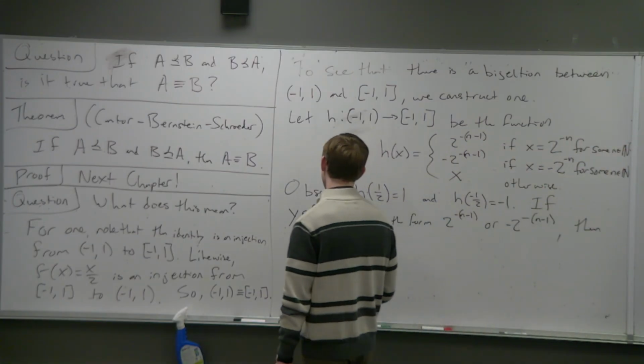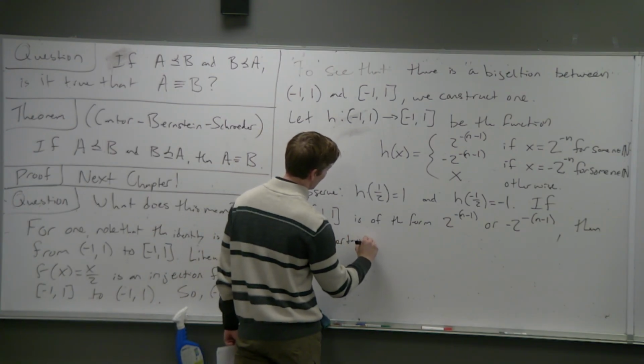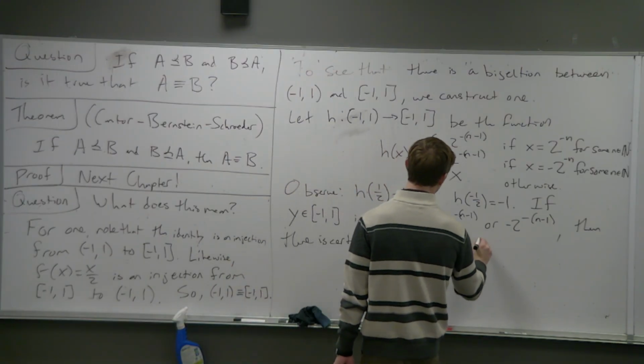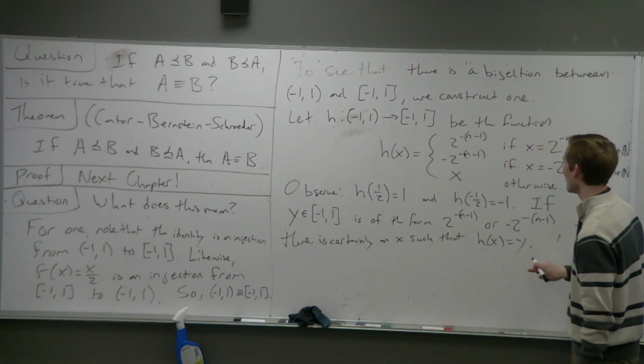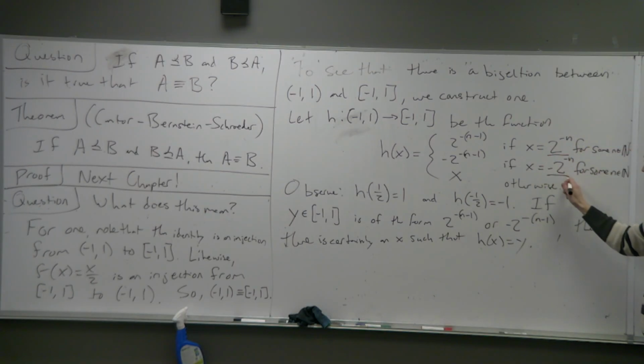Then there is certainly an x such that h of x is equal to that y. It is very clear, exactly from the construction. Yeah? Does that make sense? Okay.